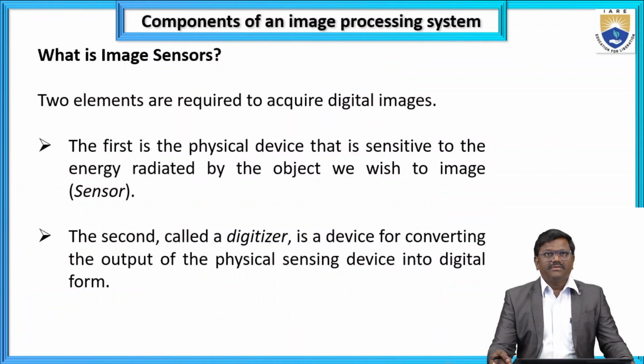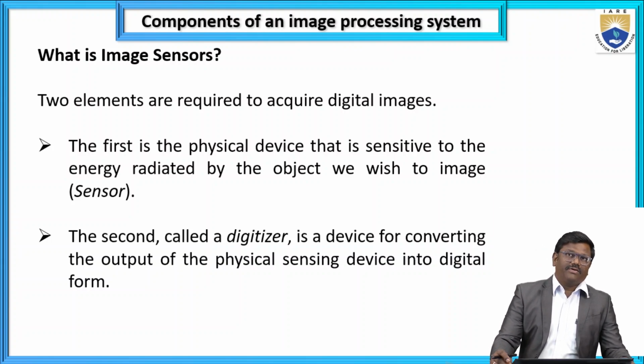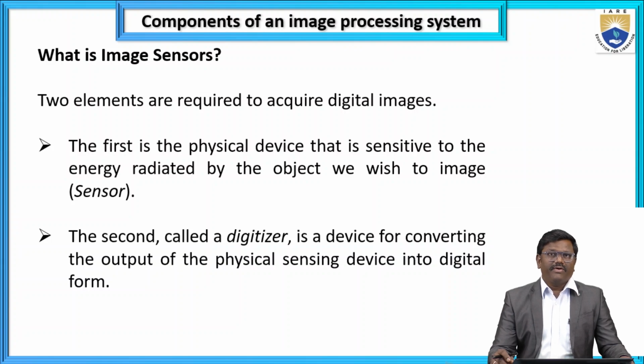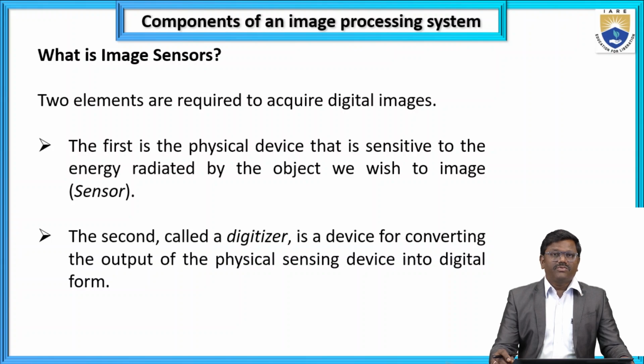So, what is the image sensor, which we connect under the components of an image processing system? Image sensing is defined in terms of two elements required to acquire digital images. The first is the physical device that is sensitive to the energy radiated by the object we wish to image.